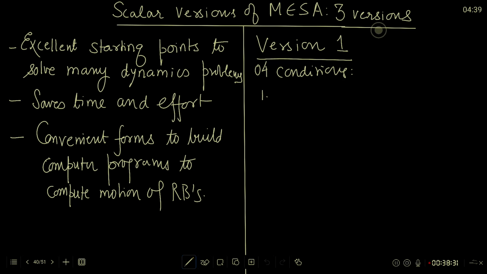Both are vector equations. This vector equation is equivalent to three scalar equations. As usual, any vector equation will be equivalent to three scalar equations.